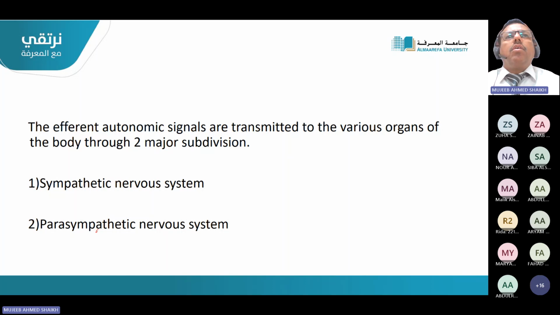The command can be brought to the organ by the sympathetic division or the parasympathetic division. What are these? These are the two parts of the autonomic nervous system. The ANS functions through two arms. One is the sympathetic part.